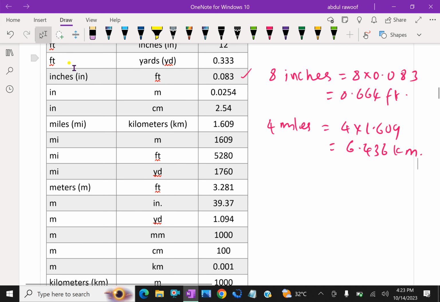Before that we did feet to meter, now meter to feet. Look here, for 1 meter the multiplication factor is 3.281.